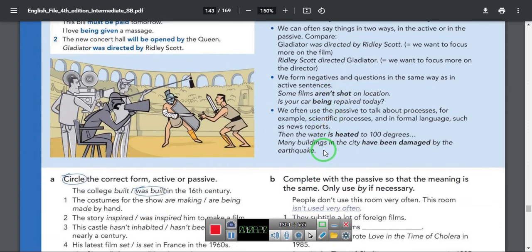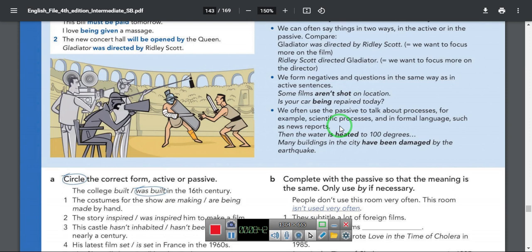We often use the passive to talk about processes, for example, scientific processes and formal language such as news reports. Мы часто используем пассивную конструкцию, чтобы описывать процессы, например, в науке или для очень официального языка, например, для новостей.